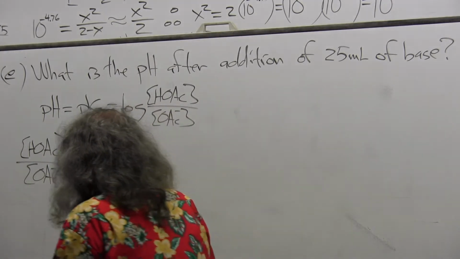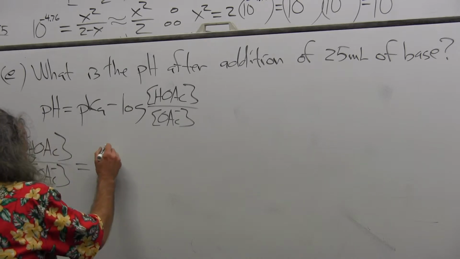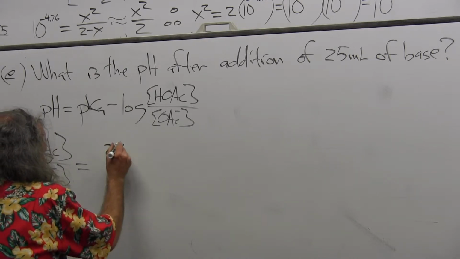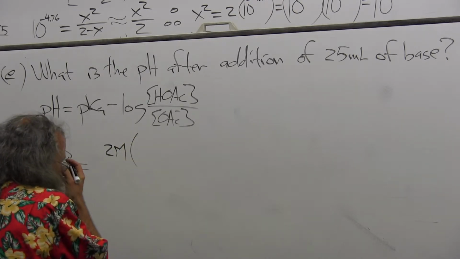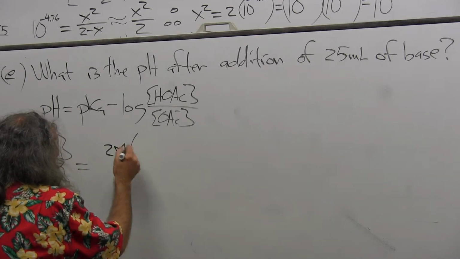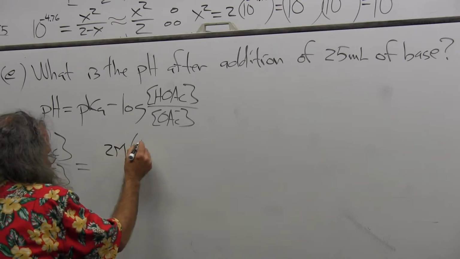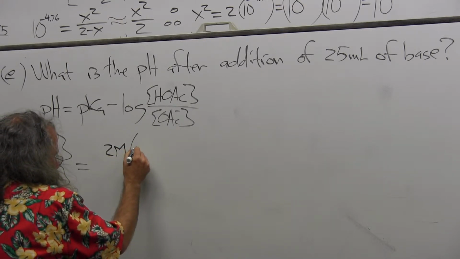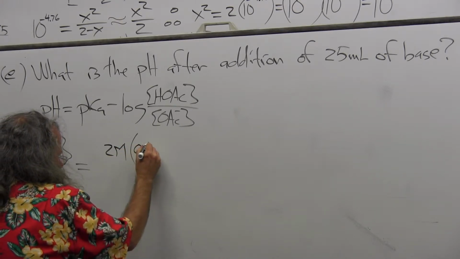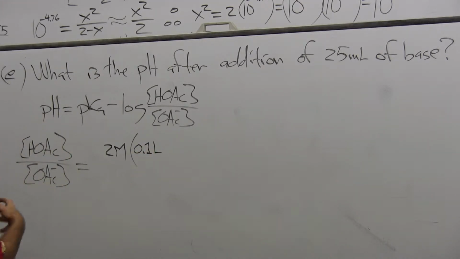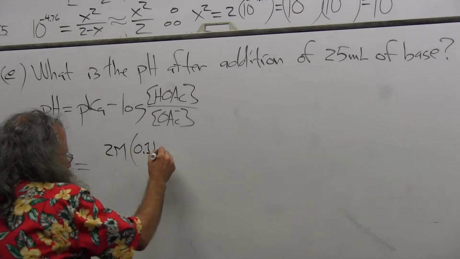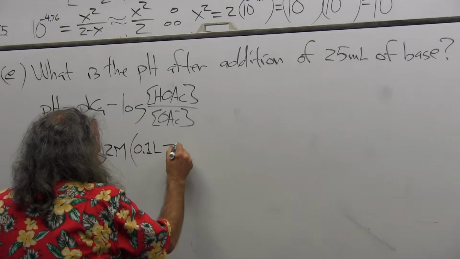So there's 2 molar is the concentration of the acid that we started with. How much acid was there to begin with? There was 2 molar and there was 0.1 liters. And then I added how many liters? 0.025.